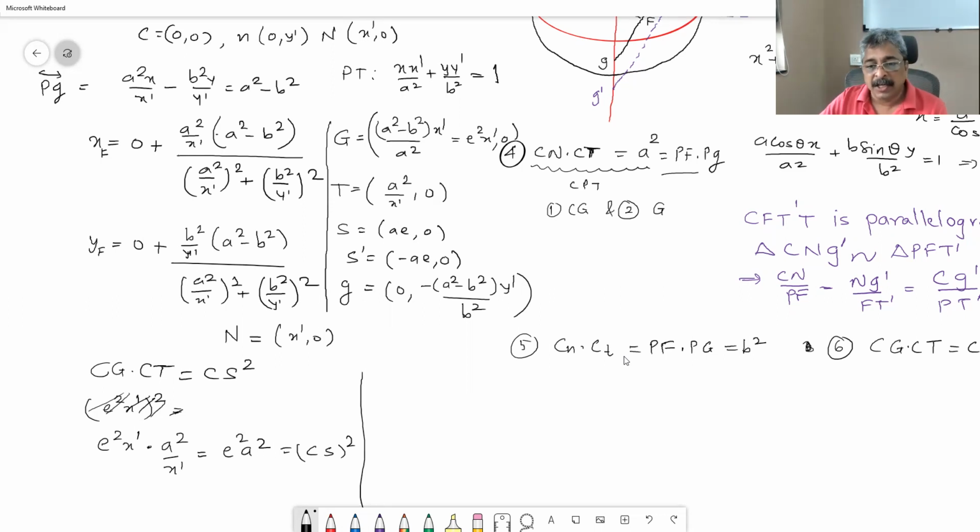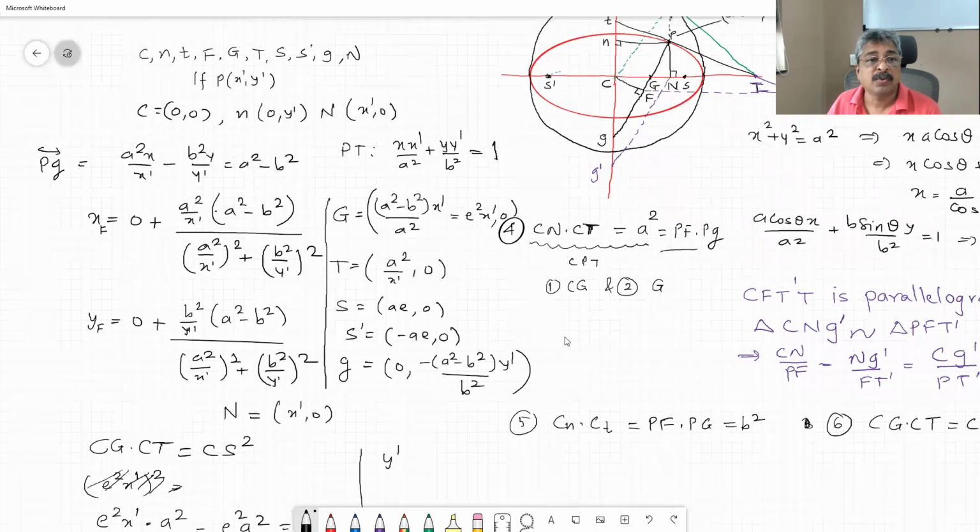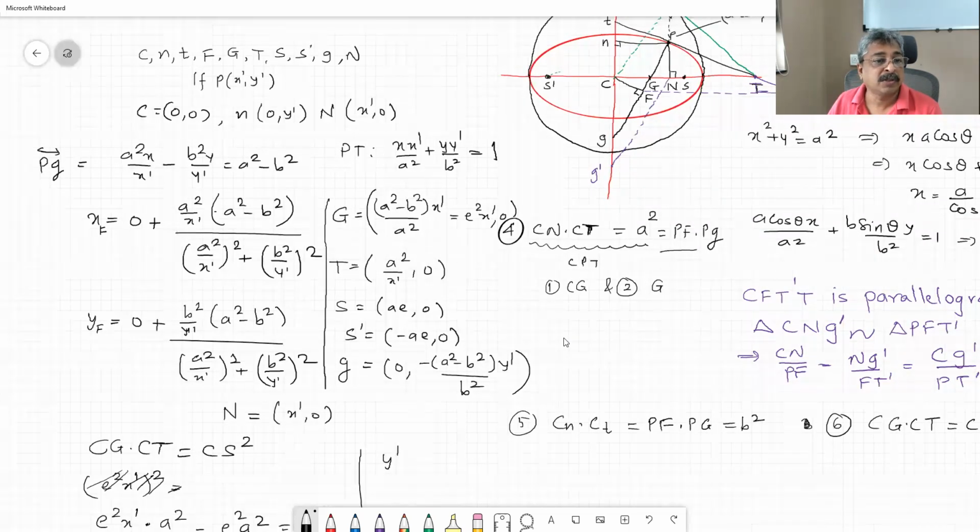Cn into Ct, center and small n. Small n is 0 comma y dash. So Cn is y dash, and Ct, where is our small t? Have we found out small t? No, it is there in the list, but we have not done it.